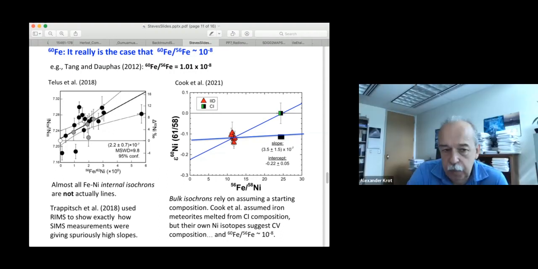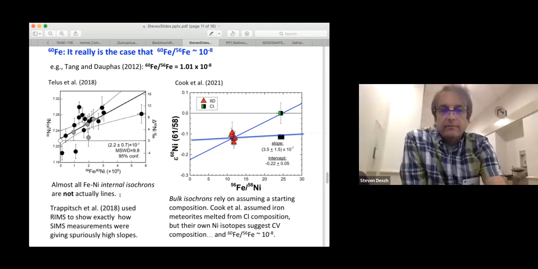I mean, let me add. I think there is only one internal isochron for one chondrule measured by ICP-MS, by Tang and Dauphas. They produced a very low initial ratio. And then there is one paper by the University of Chicago group who used another technique called RIMS.